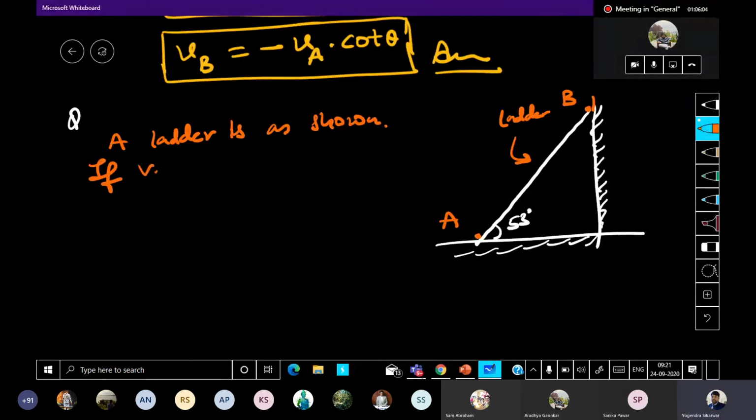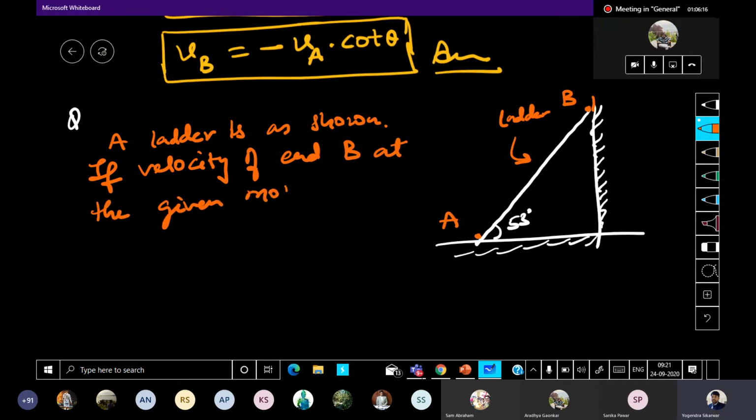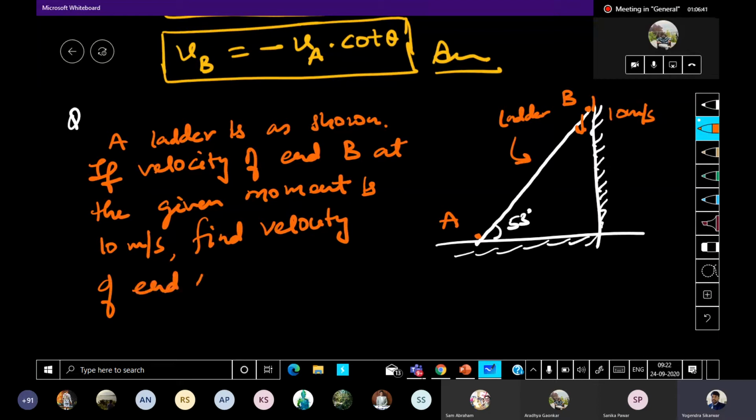If velocity of B at the given moment is 10 meters per second, find velocity of A, or you can say point A. Everyone please find.